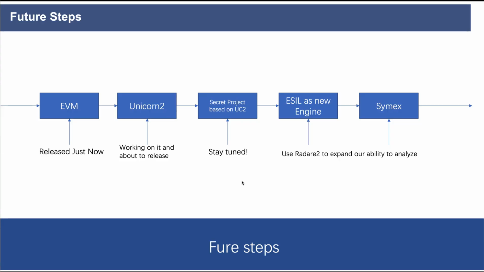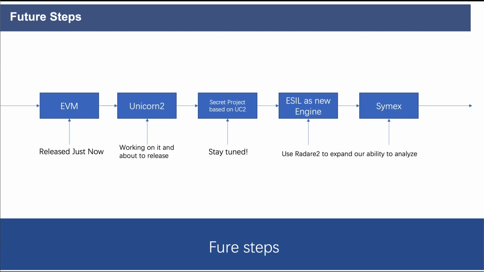So for the future, you may ask, wow, you gave the talk on symbolic execution 3 months ago. Why you still don't make it public or open source? So basically, the symbolic execution is still in heavy development, and what I was doing is Unicorn 2.